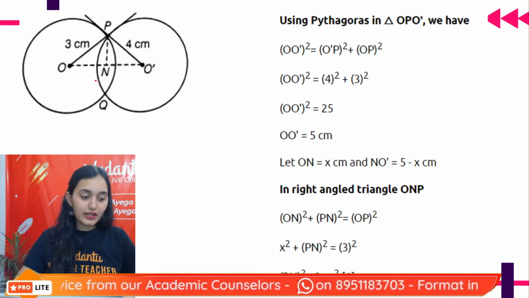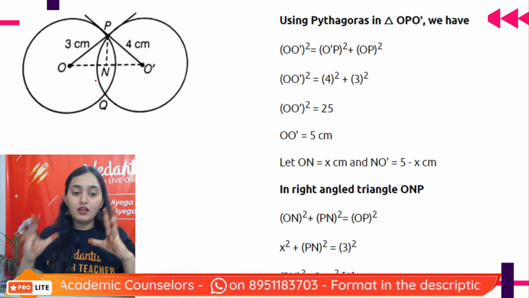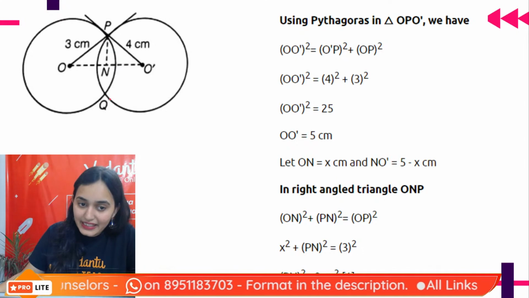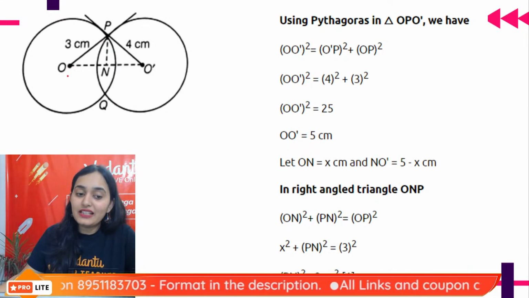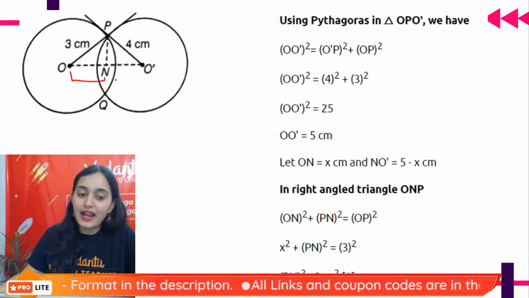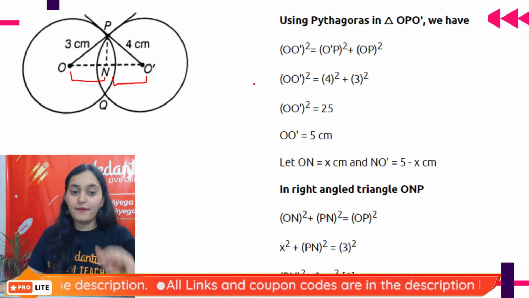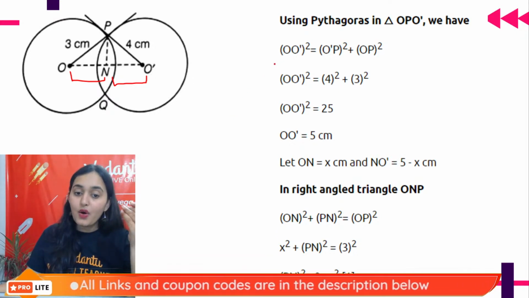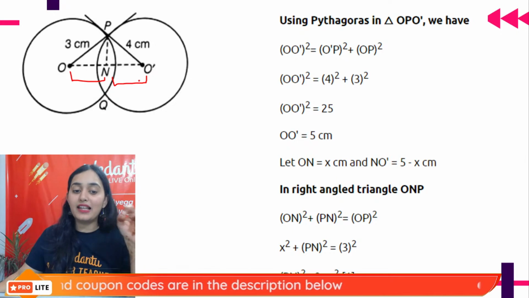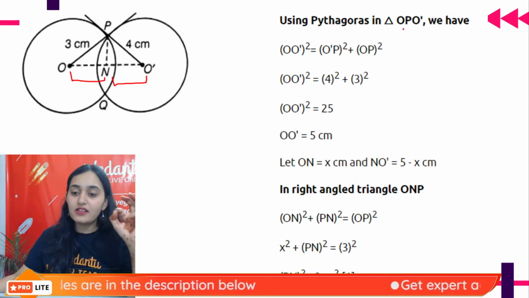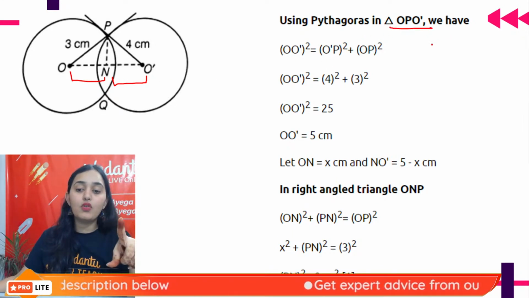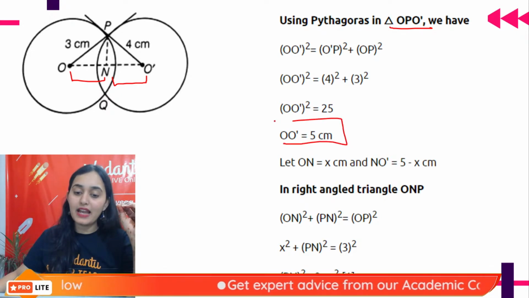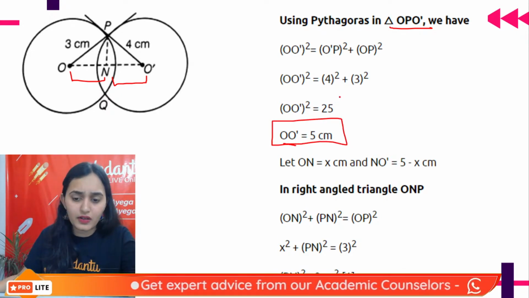How are we going to do it? Observe. To find the length of CD, first we need the length of ON and NO dash. And how to get that? First we will need the value of OO dash. So first of all, in triangle OPO dash, we will find the value of OO dash as 5 centimeters by using Pythagoras theorem.